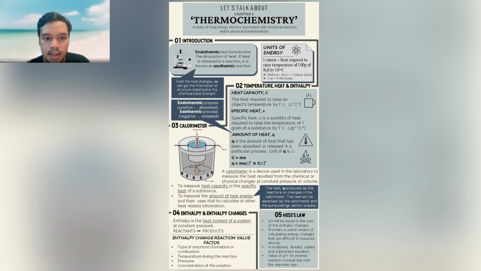The heat that is absorbed or released by a reaction at constant pressure is the same as the enthalpy change and is given the symbol delta H. The change delta H is positive in endothermic reactions and negative in exothermic processes.